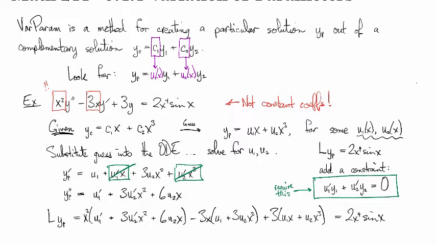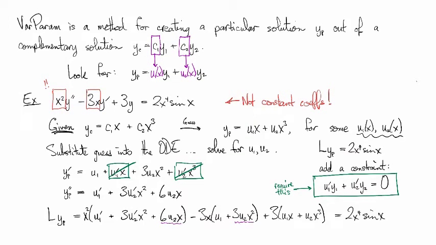Looks like we've got some cancellations here. u2 x cubed. Let's see. So I've got 6u2 x cubed, and then I have minus 9u2 x cubed, and I also have a plus 3u2 x cubed. Okay, so that's a total of 9 minus 9.